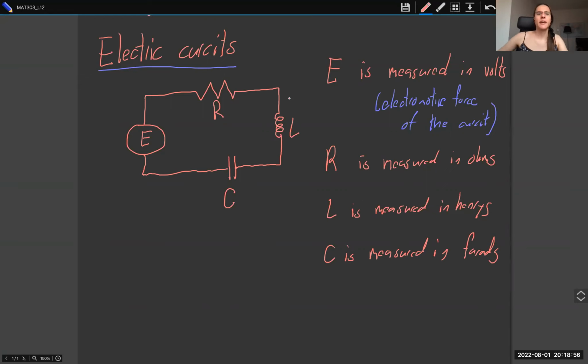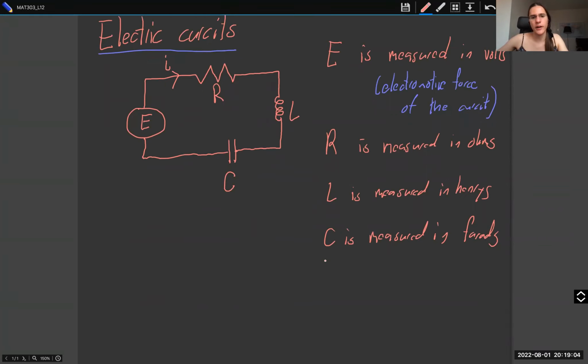And what there is implicitly here is that there's also going to be a current in the circuit. The current, which is unfortunately denoted by an I, it's not the imaginary unit, is measured in amps.